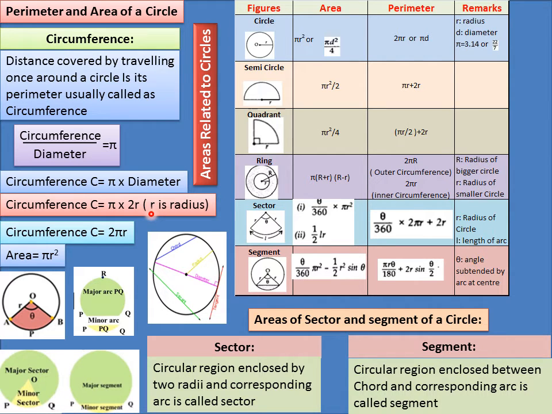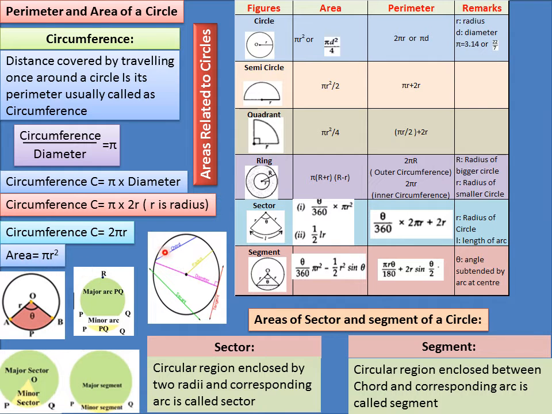You know that diameter is twice the radius. So circumference is usually written as C equal to 2 pi r. And if you need to find the area of a circle, that area is equal to pi r square, where r is the radius and pi is a constant value, that is 22/7 or 3.14.